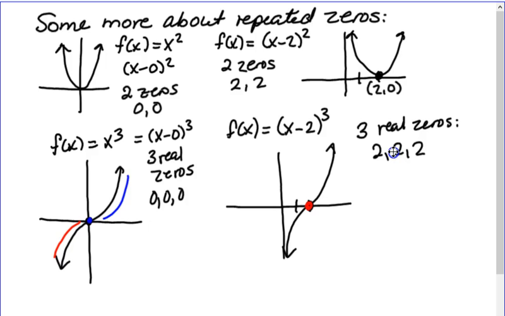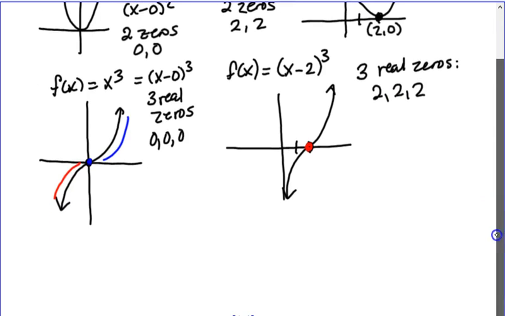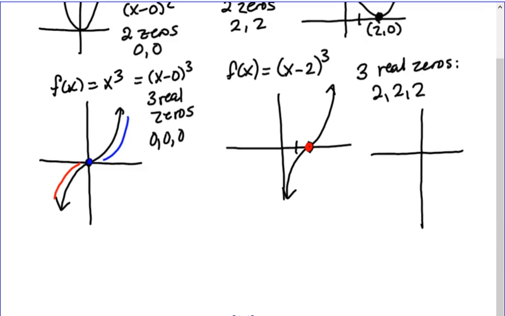Now, to differentiate between a triple zero and a third degree polynomial that only has 1 real zero but has a similar type of curve, consider a curve that occurs somewhere else. Here the point of inflection is right here. Where the graph crosses the x-axis right here is not the point of inflection.